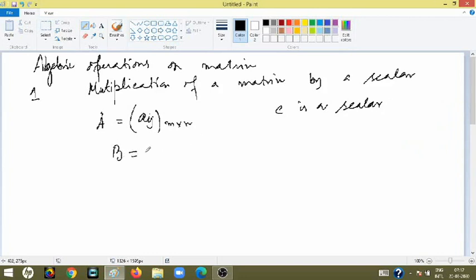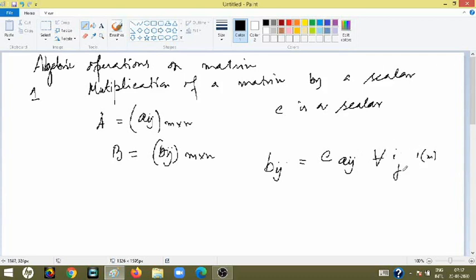B equal to bij, m cross n. Now bij equal to C times aij for all i 1 to m, j 1 to n.